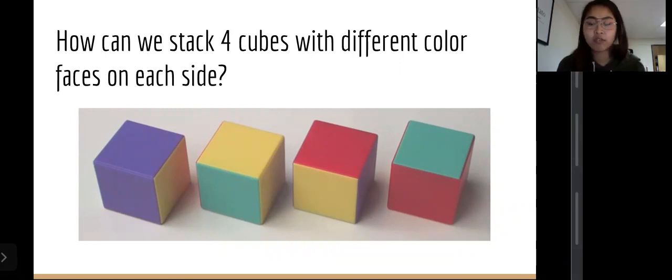And to solve, we are going to solve with graphs. Before we can continue, it is important to know how to form the graphs. To form the graphs, each color represents a vertex, and the edges represent the line that connects a face to its opposite side, and I'll explain that in a minute.